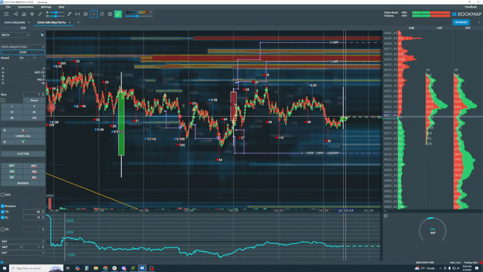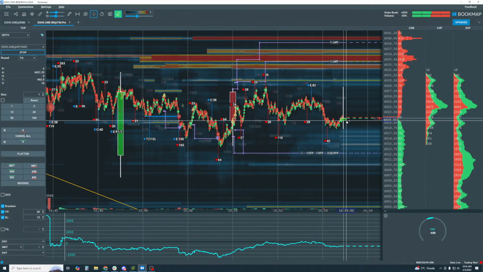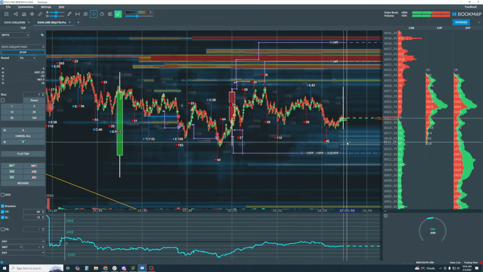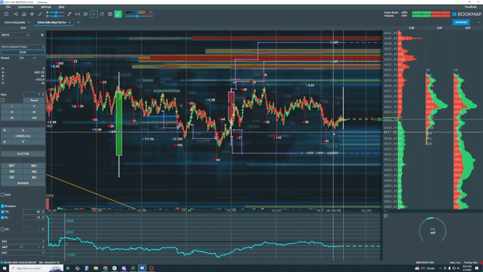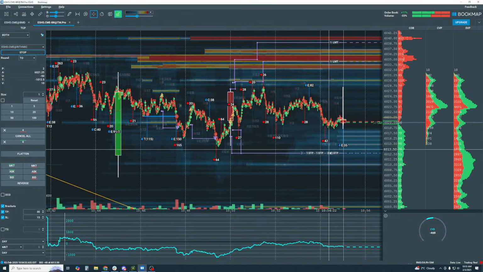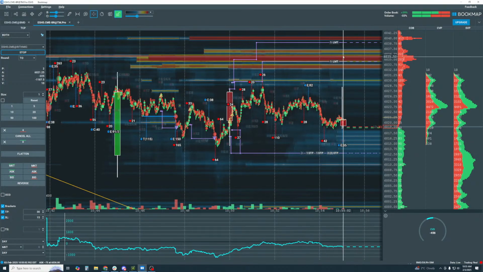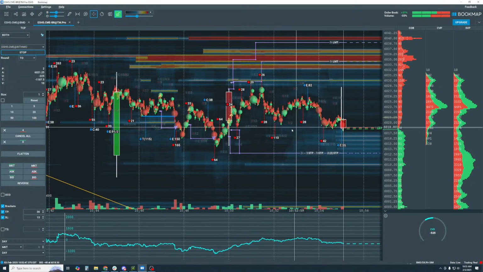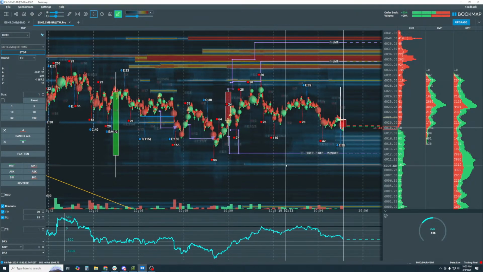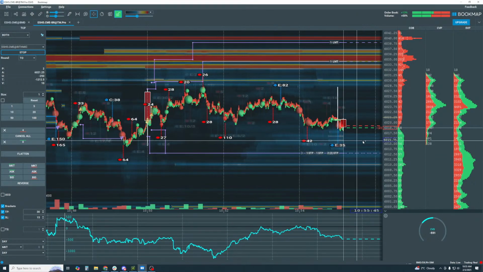Okay, and now we want to see a lot of buying come in. Try to upend this. And our targets are up to the high liquidity here. Okay, the bid's starting to show a little bit of interest.